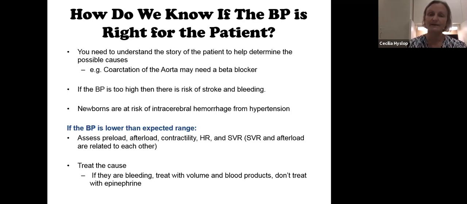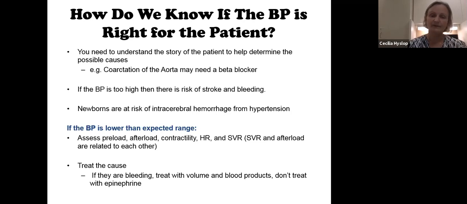So if we allow them to be very hypertensive, then we may have increased bleeding. If the blood pressure is high, there's a risk of stroke and bleeding. And newborns are also at risk of intracerebral hemorrhage from hypertension.